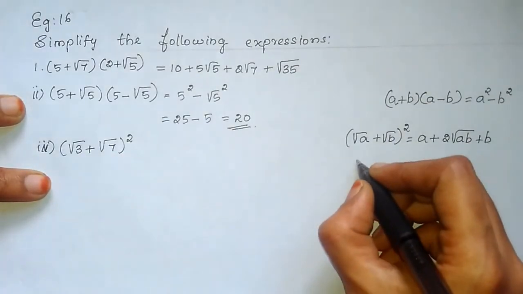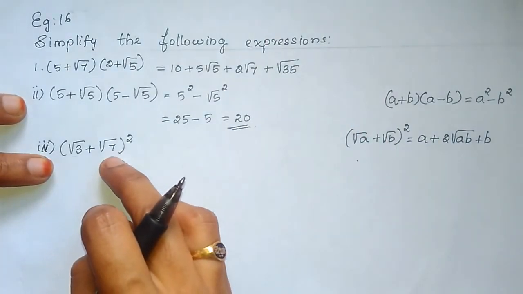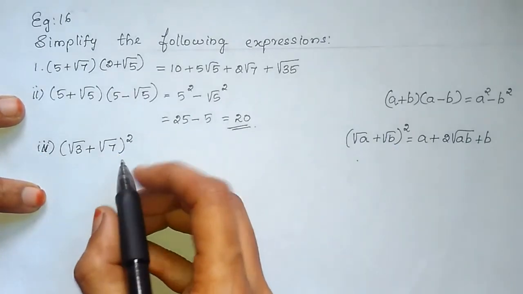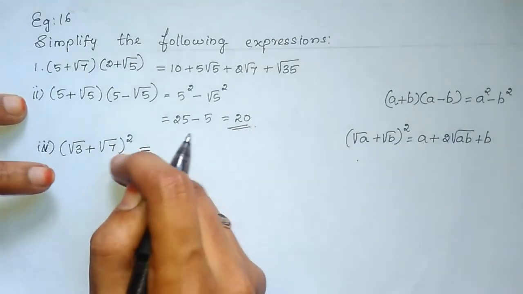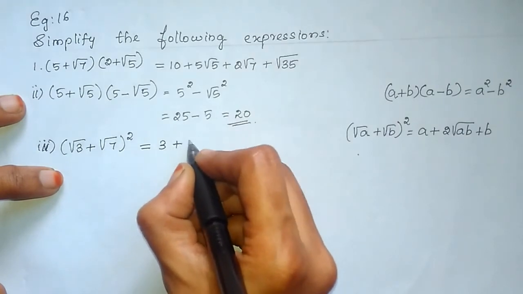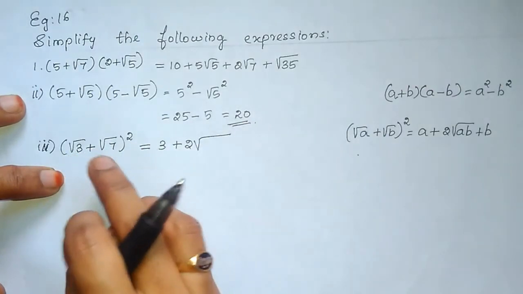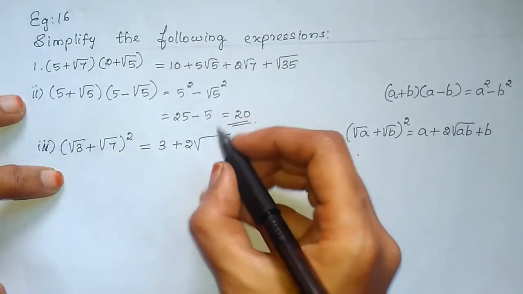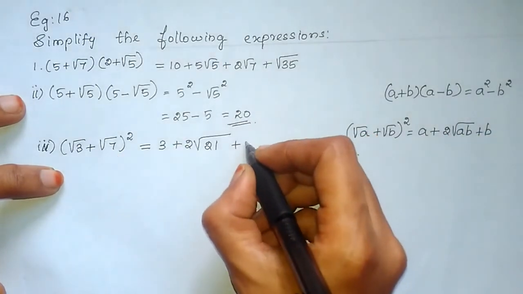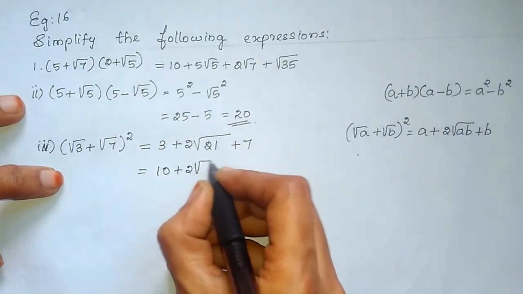In the place of root a, we have root 3, and in the place of root b, we have root 7. So the answer is a, that is 3, plus 2 root ab. Here a is 3, b is 7, so 7 threes are 21, plus b, which is 7. So 3 plus 7 is 10, plus 2 root 21.